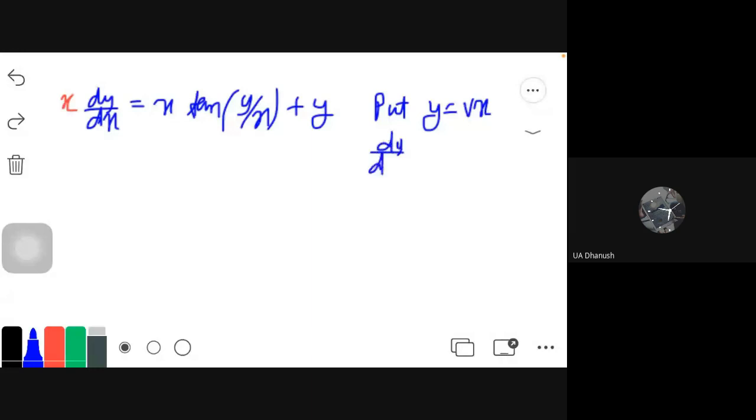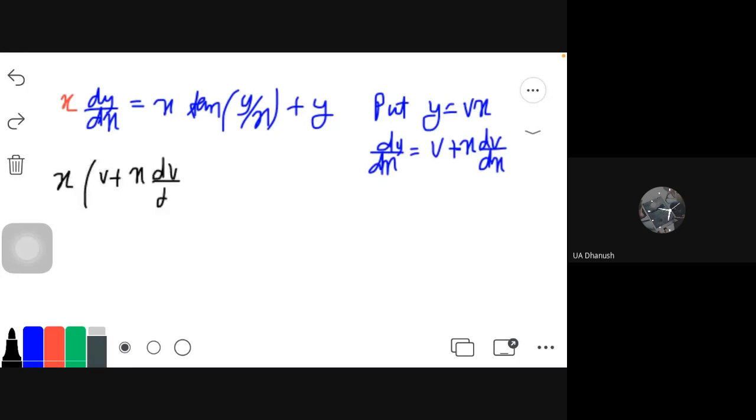Therefore, your dy by dx becomes v plus x into dv by dx. So when we substitute over here, I'll get x into v plus x into dv by dx is equal to x into tan of y can be written as vx by x plus vx.